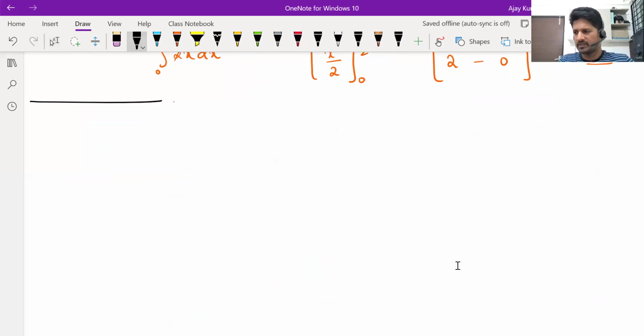Now we'll discuss one more idea and then we will derive the position of center of mass of a few other systems. Suppose there is a line like this.